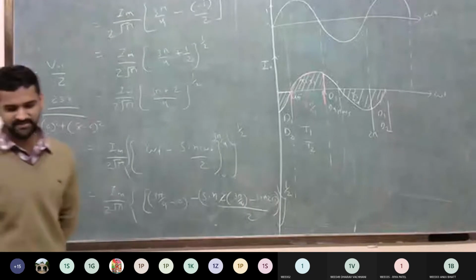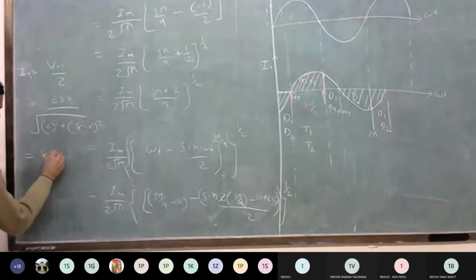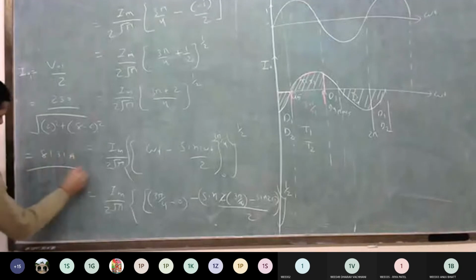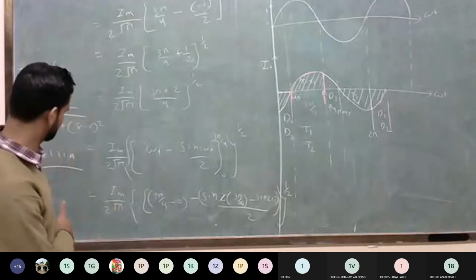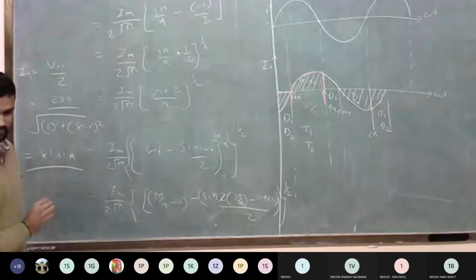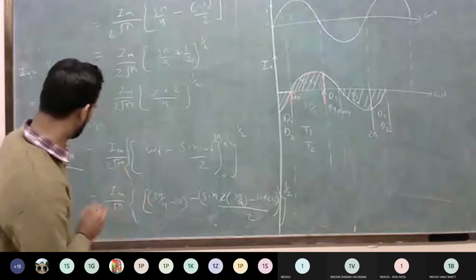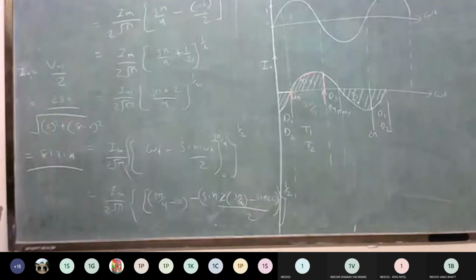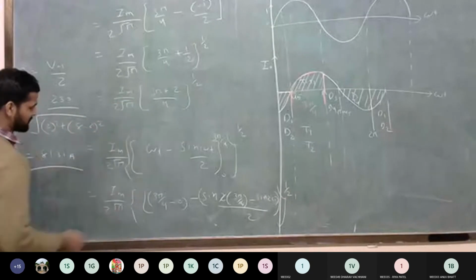So what is the RMS current? 81.31 ampere. All of you get this answer? Yes? Calculate this. So here we calculate the RMS value, but in the equation there is a peak value.